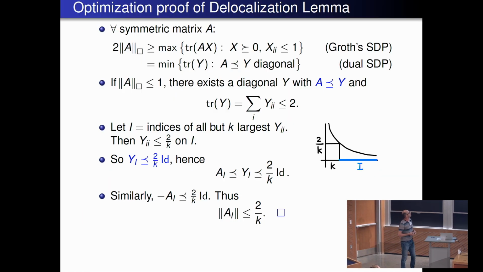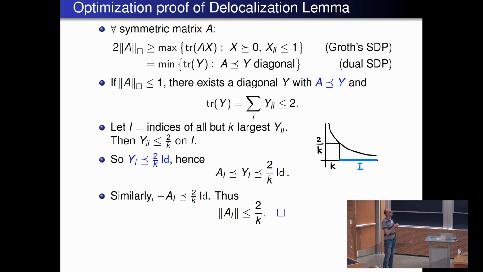Okay, so now let's prove the localization lemma. Once you see a linear program or semi-definite program, my own instinct is to see what's the dual. This is the primal. What's the dual program? Let's do this. So this is Grothendieck's semi-definite program, the primal form. Now if you write it down, the dual SDP would be this.